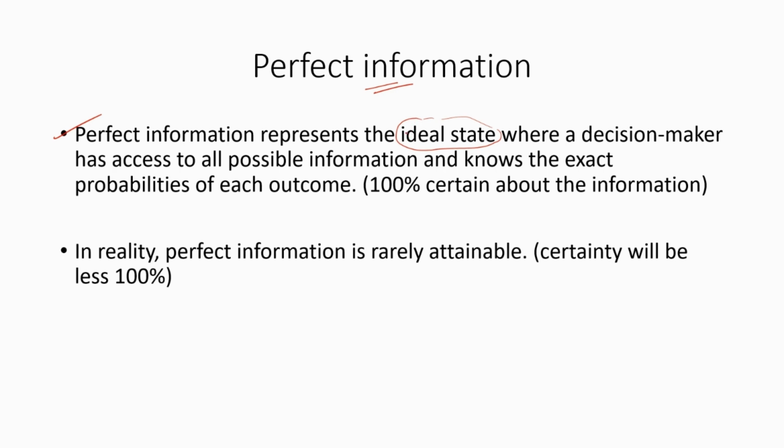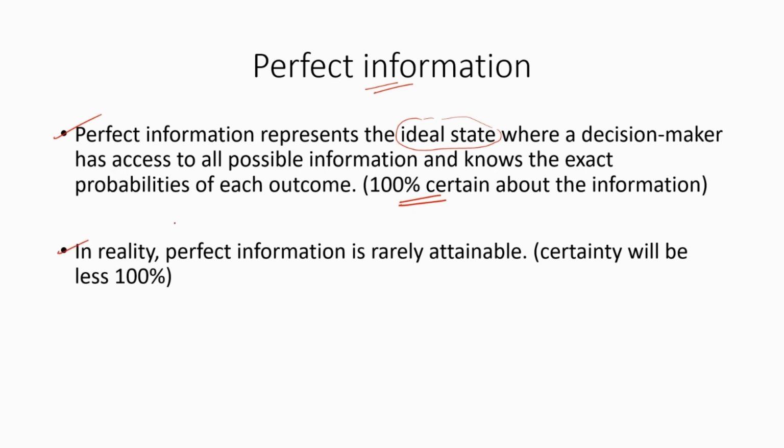This simply means the decision maker has all the possible information and knows the probabilities of each outcome. We can summarize perfect information as 100% certain about the information, because the decision maker has all the possible information about the probability of each outcome. So the certainty will be 100%.